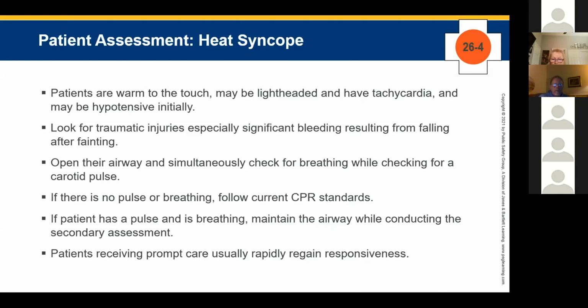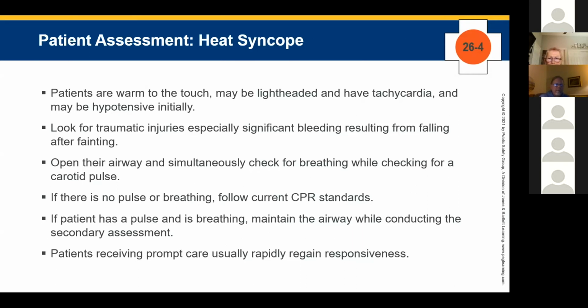You could, but now with COVID and all the things that are out there, I personally wouldn't do it. I would just do compressions alone, because a person that goes down usually has 3 to 4, sometimes 5 minutes of oxygen in their system. So no, just do compressions.